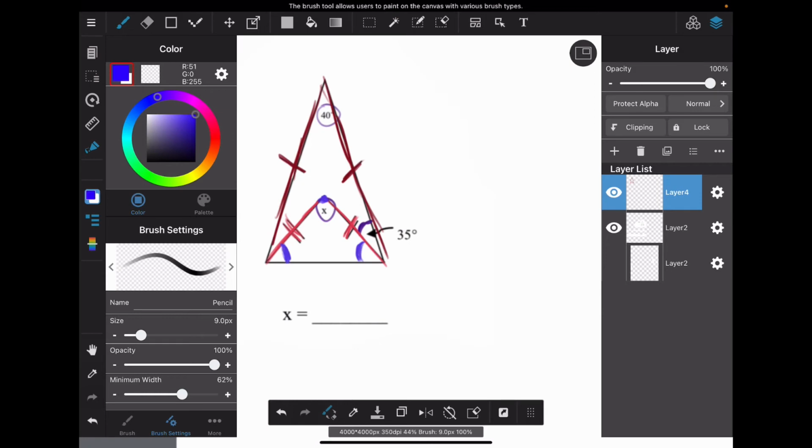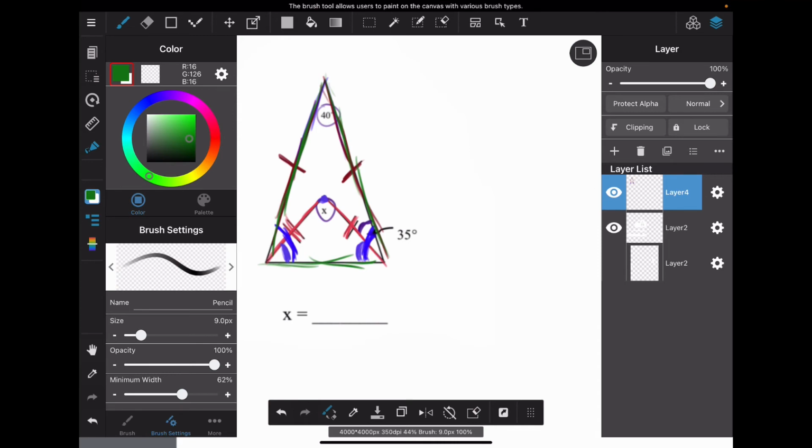And it also means that for this bigger triangle, this angle here is going to be equal to this angle here. So to find the angle measures of this triangle, we're going to have to work in the opposite direction that we did for the first problem. We're going to have to start by finding the measures of the angles of the bigger triangle here, and then working our way to the smaller one.